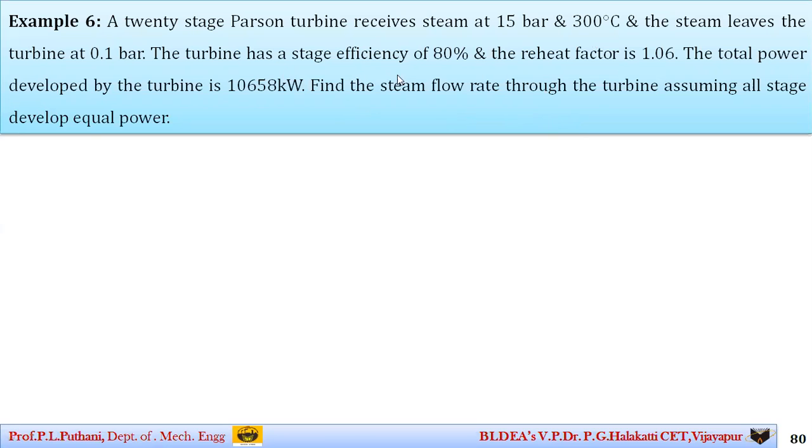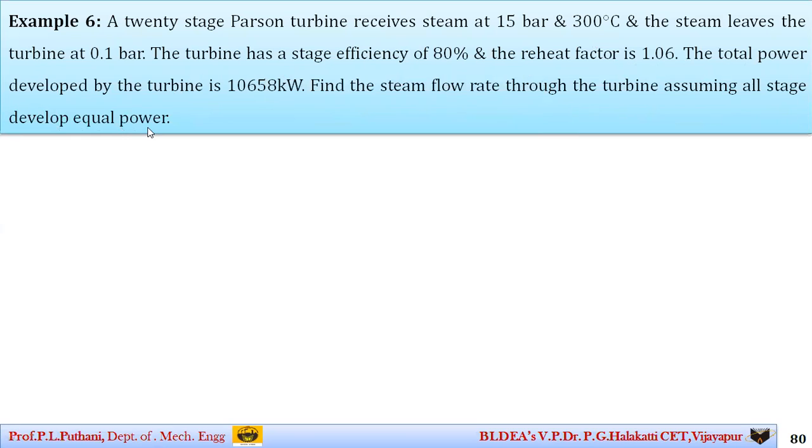The turbine has a stage efficiency of 80% and the reheat factor is 1.06. The total power developed by the turbine is 10,658 kilowatt. Find the steam flow rate through the turbine, assuming all stages develop equal power.